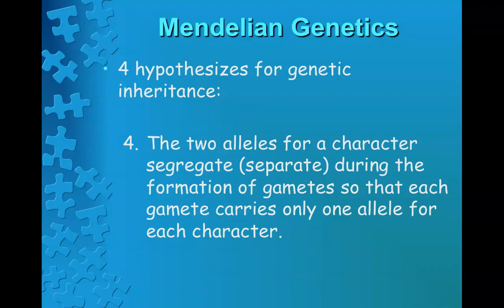If everything follows traditional Mendelian genetics, those 2 alleles for a particular character should segregate, or separate, when we go to create gametes, so that each gamete contains 1 allele for every character that the next generation of organisms has to have. And assuming that this is normal genetics and not linked genes, then each of those alleles should have a 50-50 shot of being exactly like the parent or being some recombination of the 2 parents' genetic material.